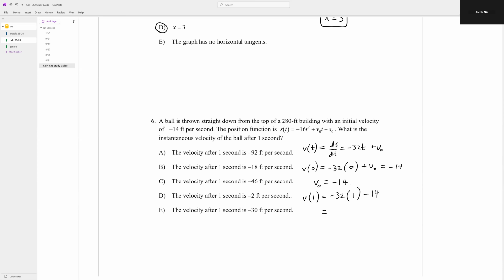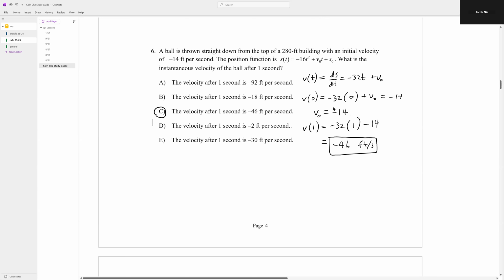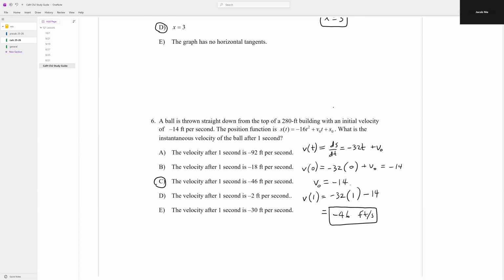And so my final answer is going to be negative 32 minus 14, which is negative 46 feet per second. The answer is C. So in this question, the first fact that the building is 280 feet tall is actually not needed.